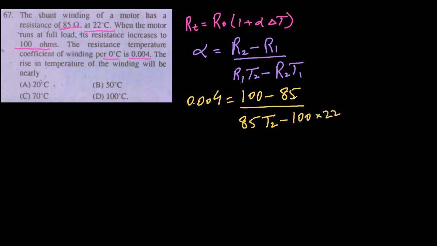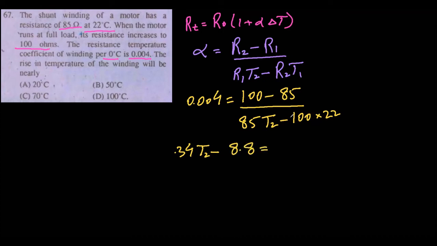So now use the calculator and solve this. This will be 85 times 0.004, so that will be equal to 0.34 T2, minus 100 times 22 times 0.004, so that will be equal to 8.8.